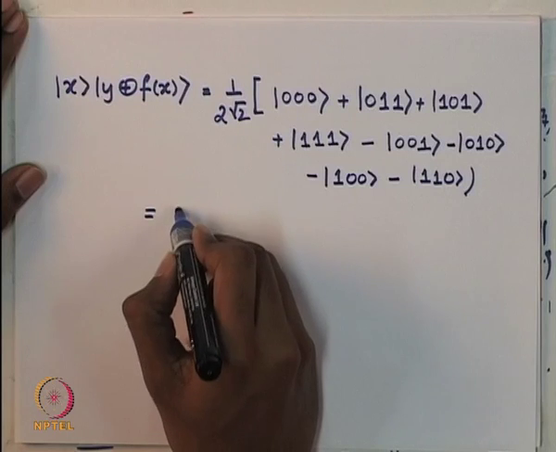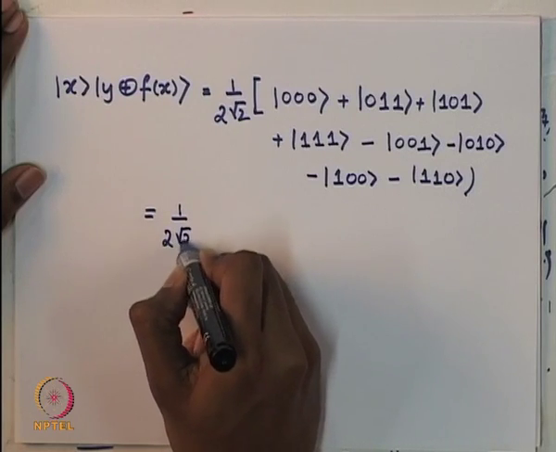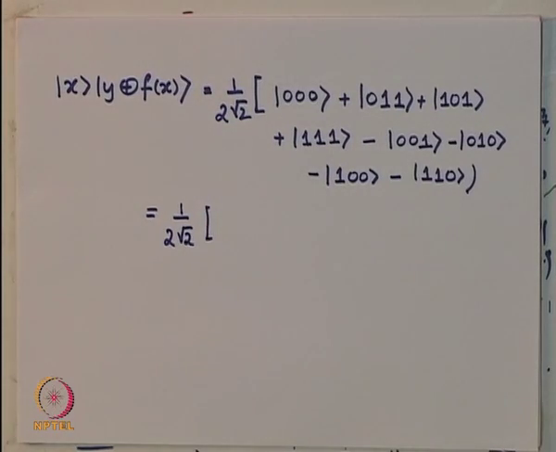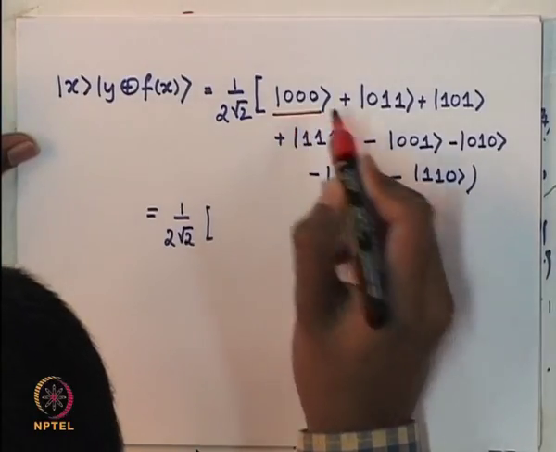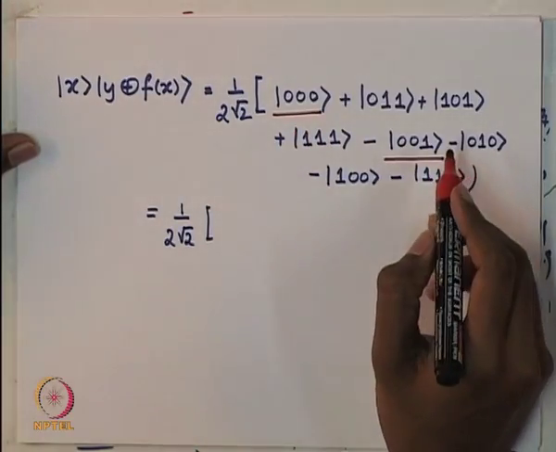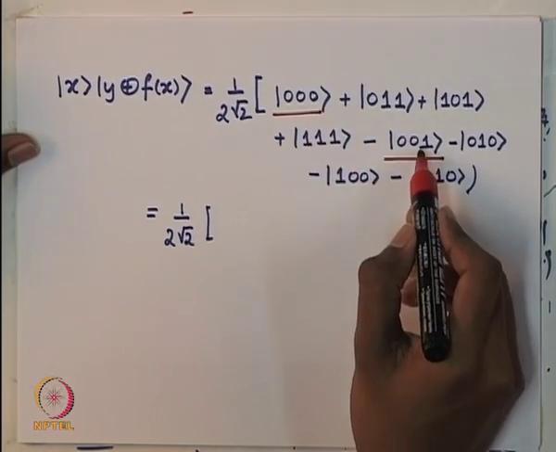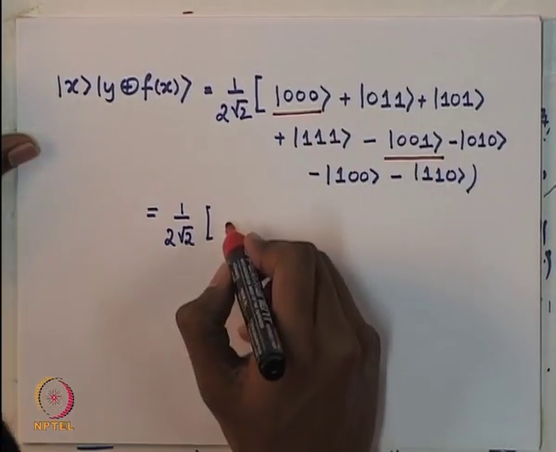We can write this into two terms. Observe these two terms. This can be written as qubit 0 0 times qubit 0 minus qubit 1.